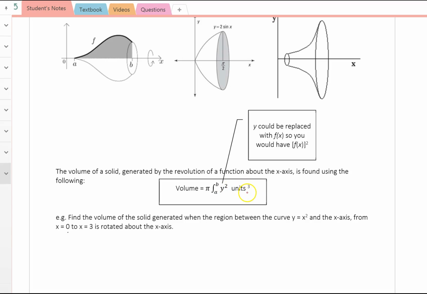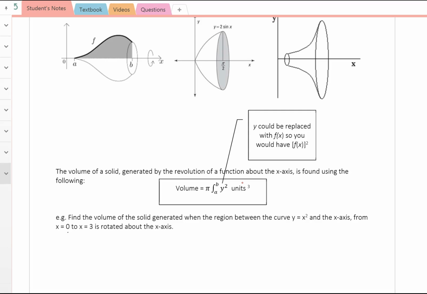And obviously we're calculating volume, so the units will be cubed. I'll talk more about why that formula works when I go into our understanding of why the area formula works. I think I'll do both those deeper understandings a little bit later, after you've perfected the process.